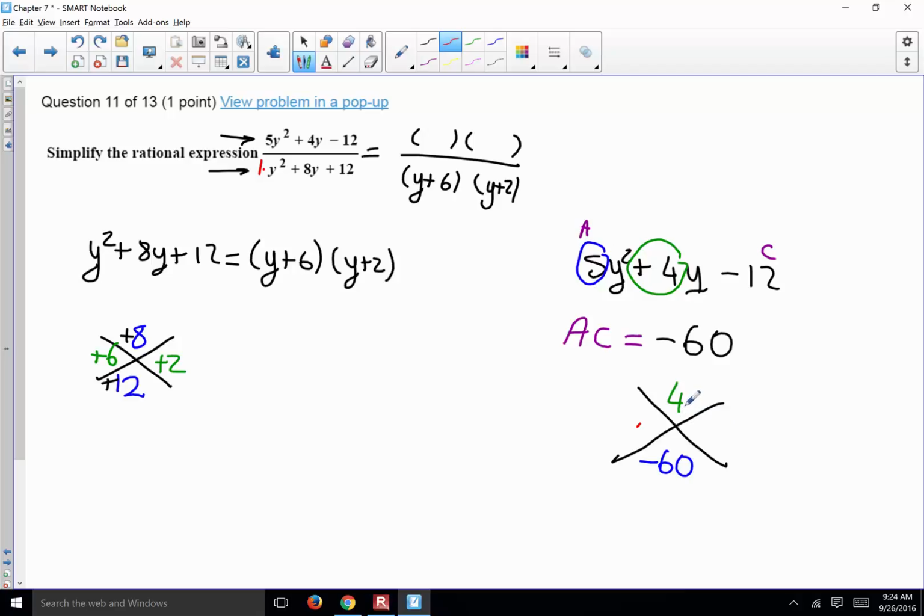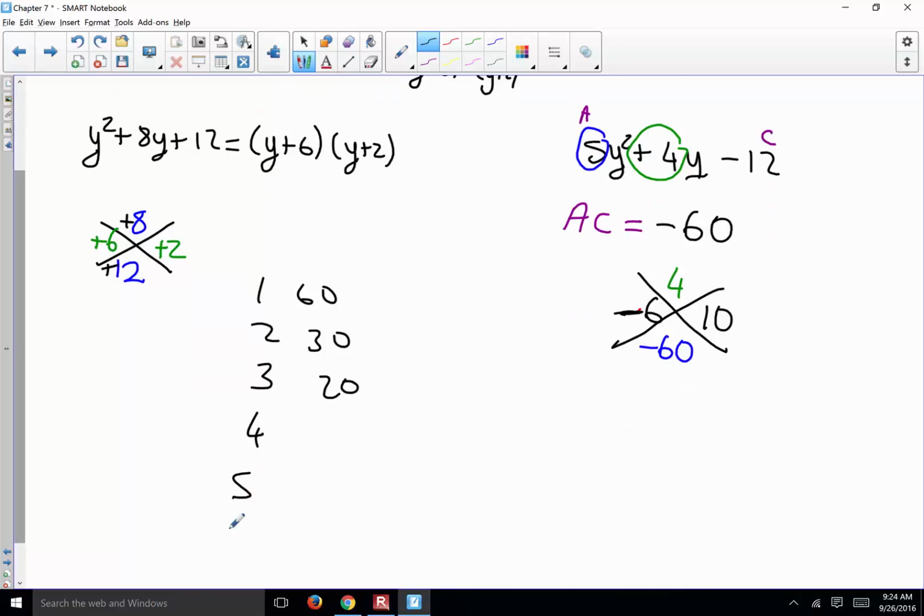Can you tell me two numbers multiplying to 60 and adding to 4? It can be 1 and 60. It can be 2 and 30. 3 and 20. What's that? Negative 6 and 10. Negative 6 times 10 is negative 60. Add them, positive 4. Yeah, you go try one by one.